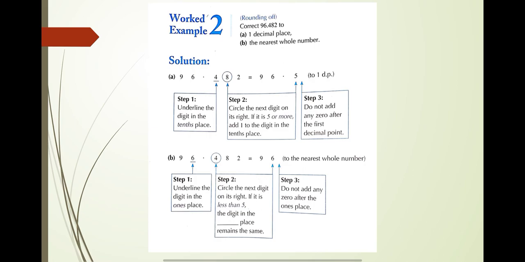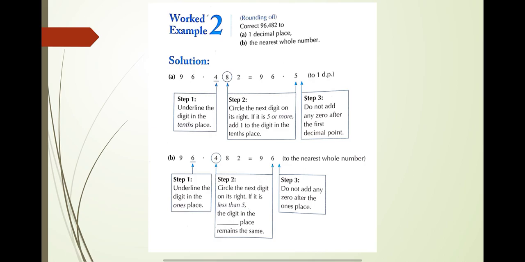So it is counted as the 5 or more rule. So you round up, right? So 96.50. Then because the 0 is already in the decimal place, we must not put 0. So it's just 96.5, because nobody puts 0 anymore if it is in the decimal places and located at the last.